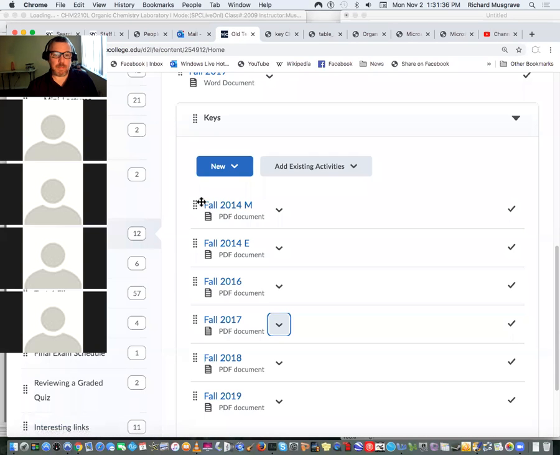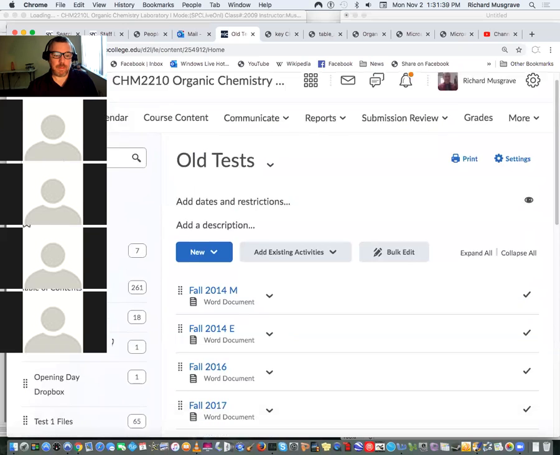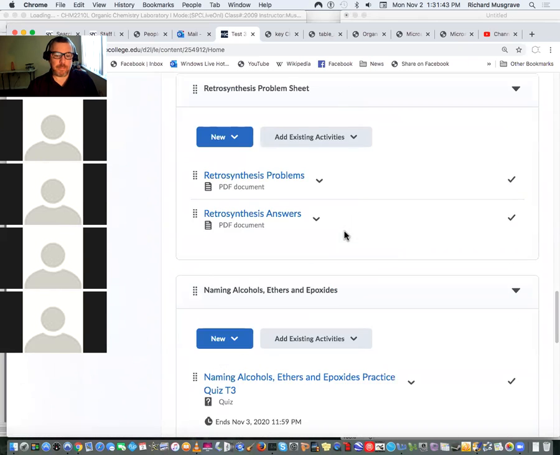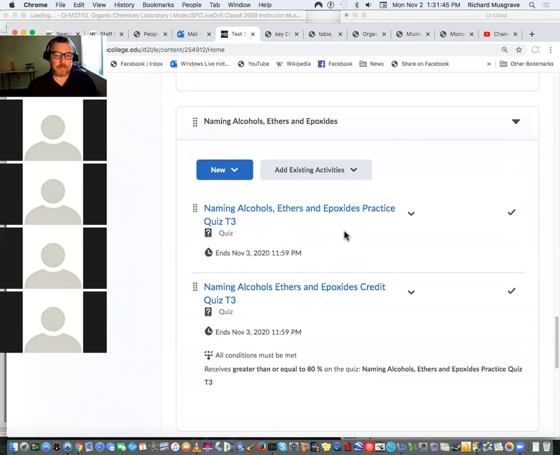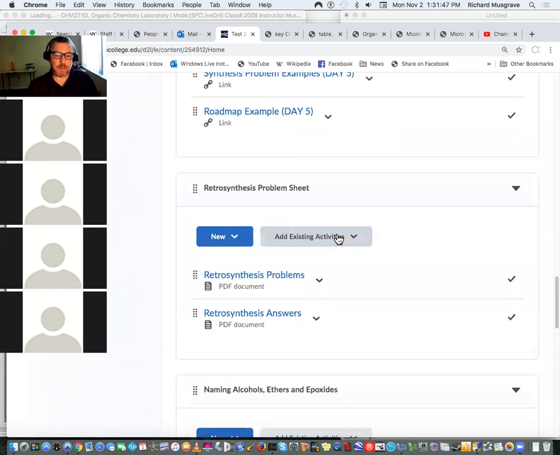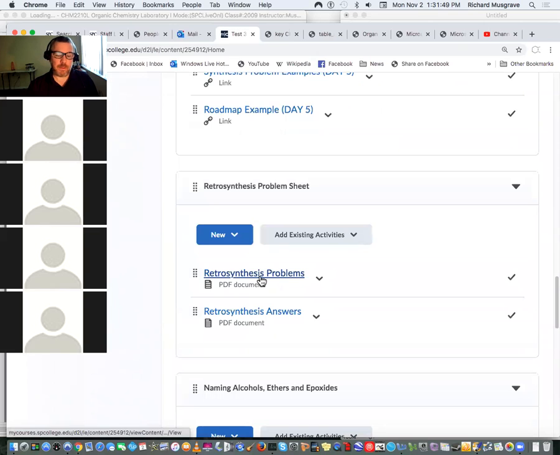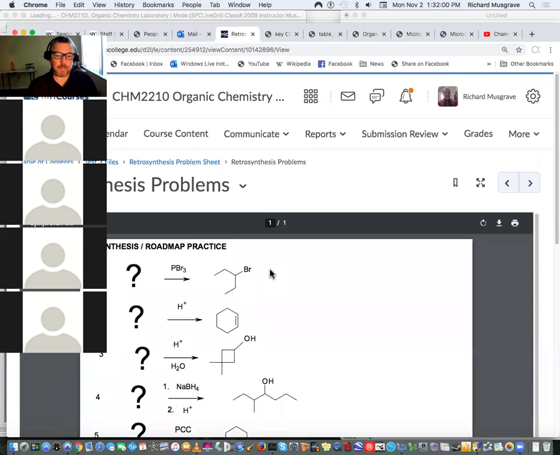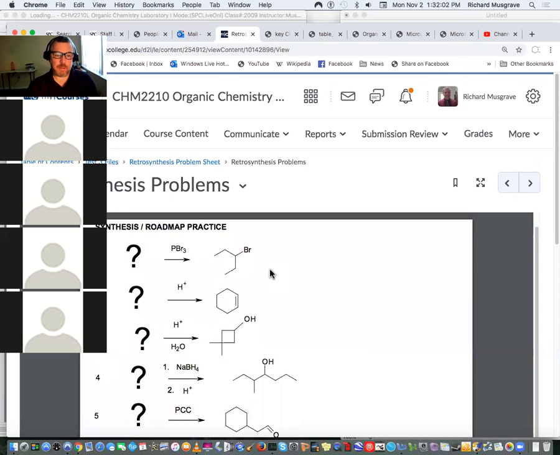Synthesis roadmap worksheet. All right, so this retrosynthesis problems here, this one? Yes, this one here. Okay. Do you remember what number it was?